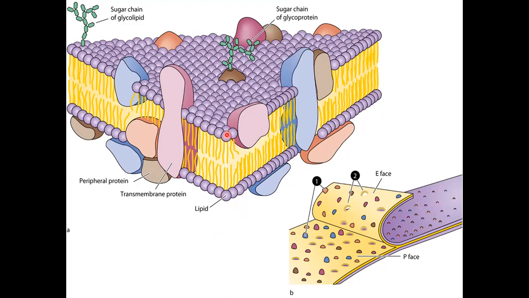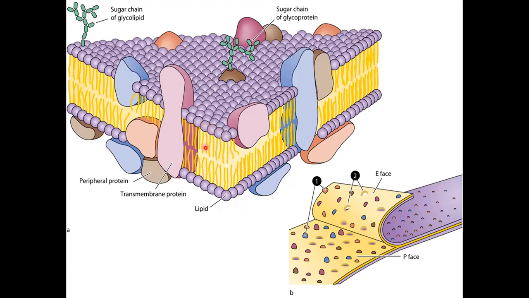At the same time, the heads in the outer layer here will interact with water molecules in the external environment of the cell. Since the tails are made up of fatty substances, they shun away from water molecules, and therefore they are said to be hydrophobic. So the tails will meet in the middle of the lipid bilayer.